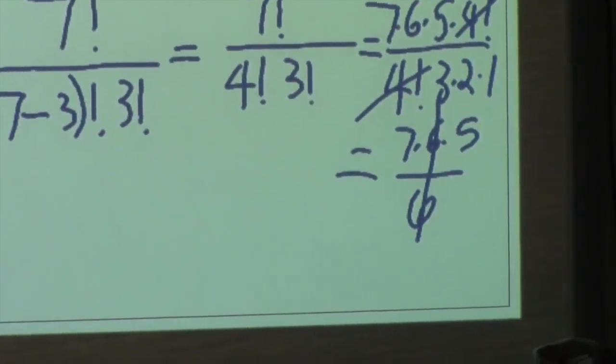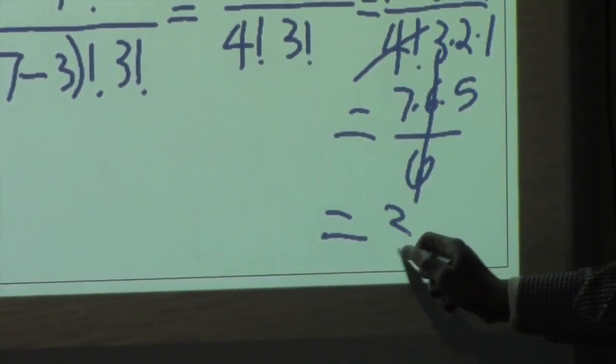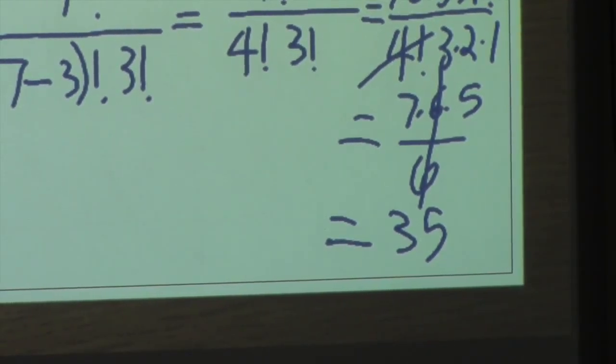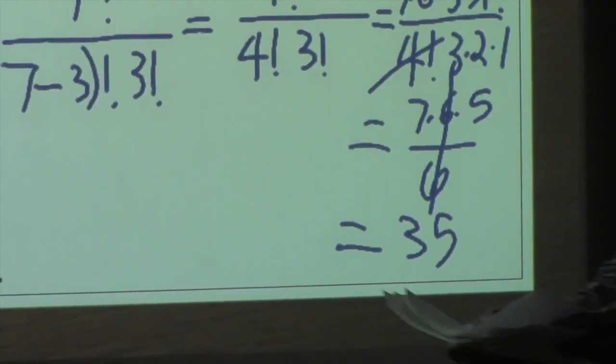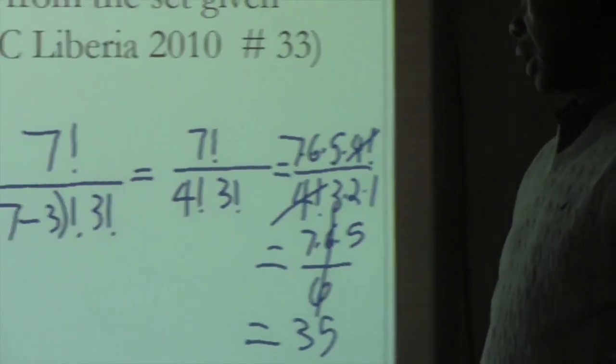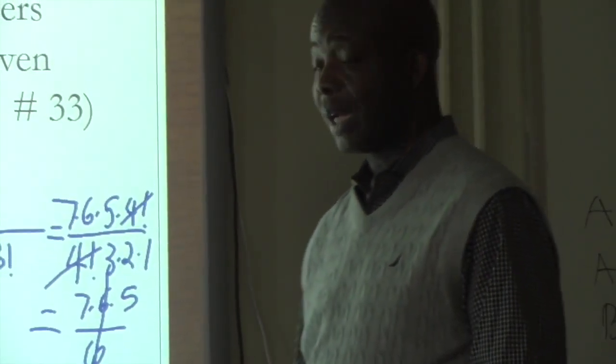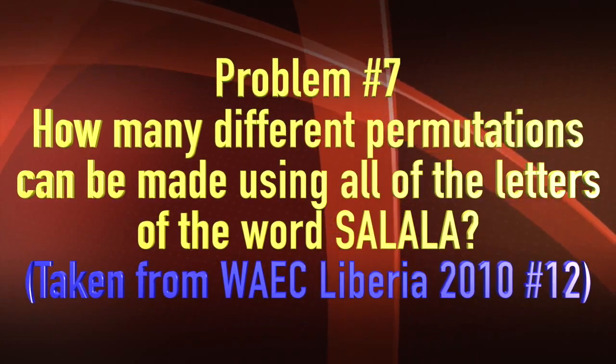The 6 will cancel, so my result will just be what? 35. So we can form 35 3-member subsets of these sets we have here. Okay? Again, it's combination because the order in which the elements are arranged in the set is insignificant. So the last problem again is something that we did before.